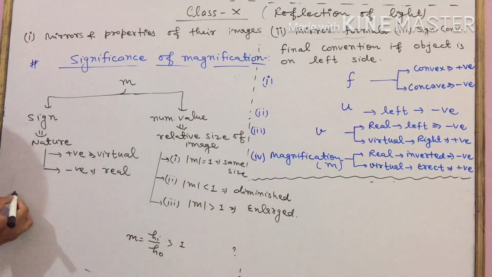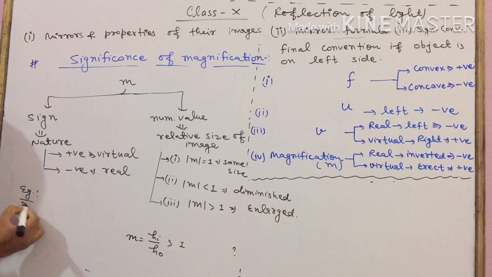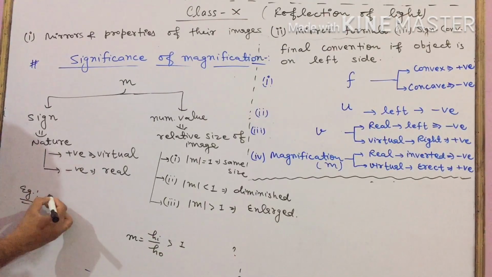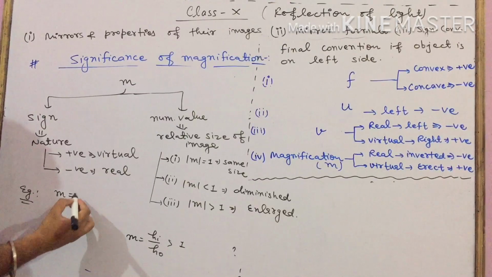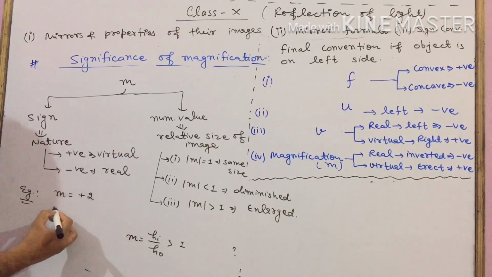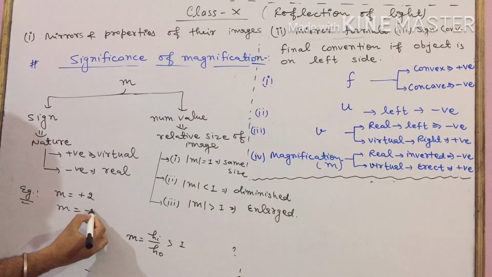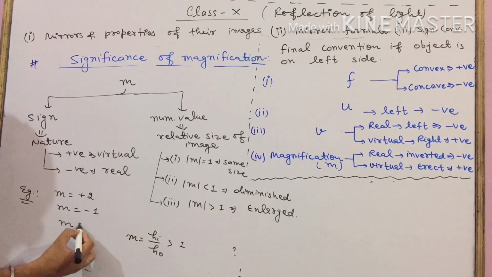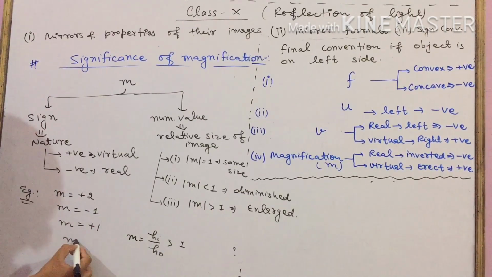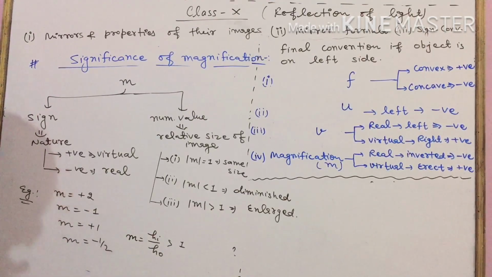Now let us consider some examples. Then the picture will be more clear to you. Suppose the magnification produced by a mirror is +2, or magnification is -1, or magnification is +1, or magnification is -1/2, or magnification is +1/2. So let us decide the nature of the image first.